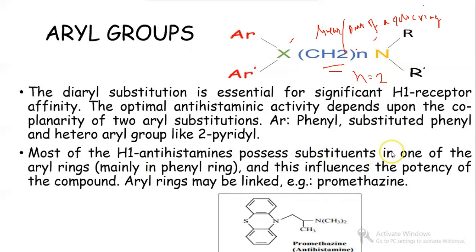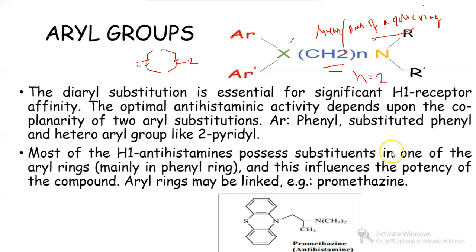Actually, when you put it as a part of a cyclic ring, you are increasing the hydrophobicity. So the chance of cell permeation plus activity goes high. Basically you put 2 to 4 CH2 groups, 2 on one side, 2 on the other.